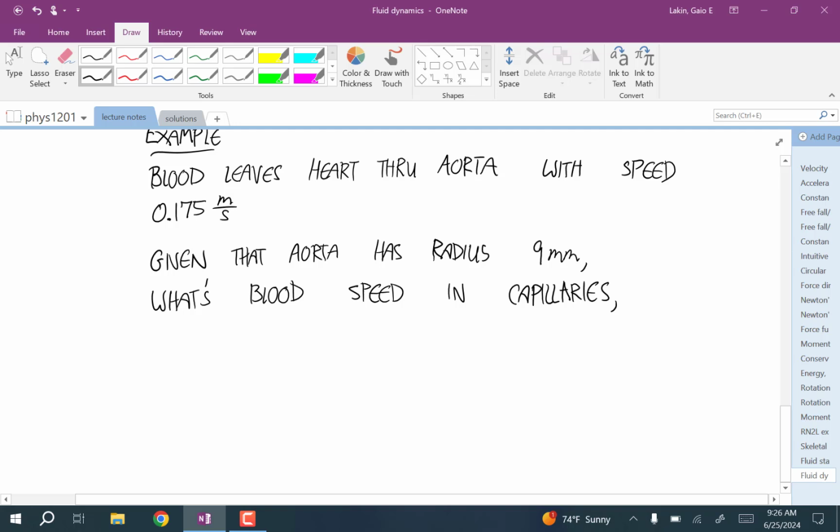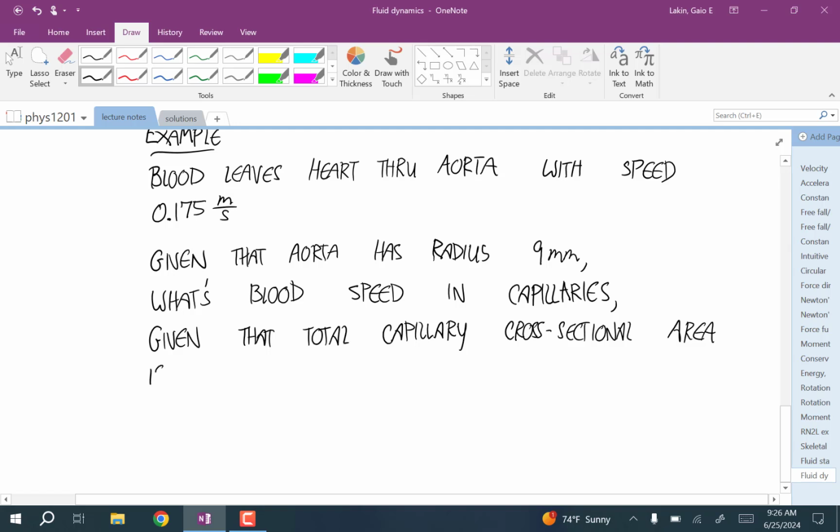And so what's the blood speed in the capillaries, given that the total capillary cross-sectional area is about 400 times the cross-sectional area of the aorta?